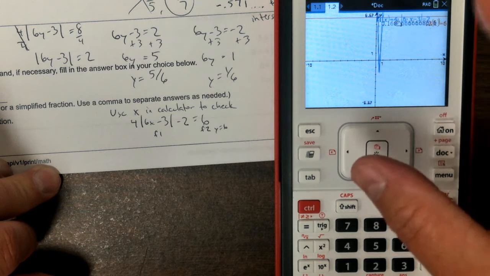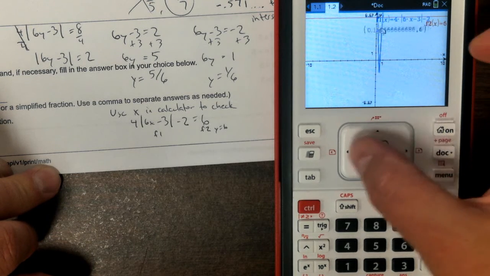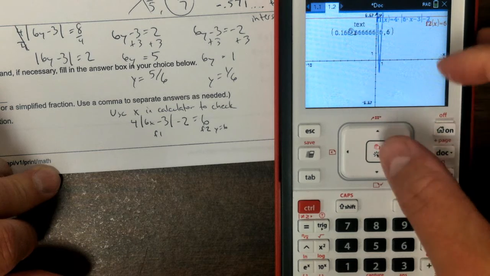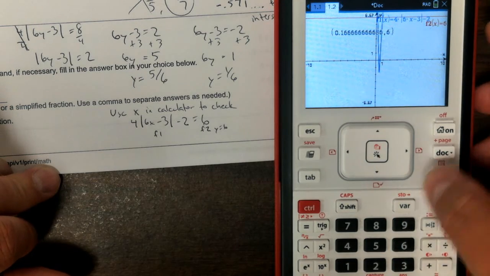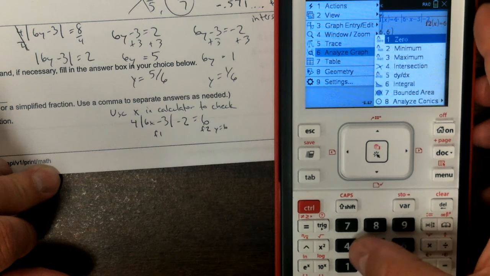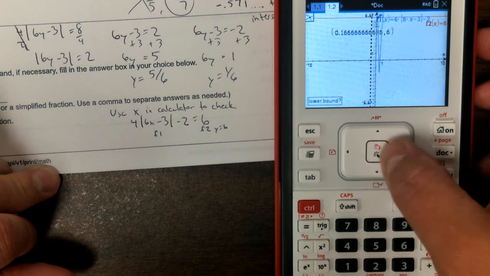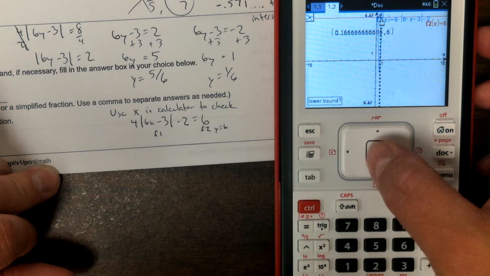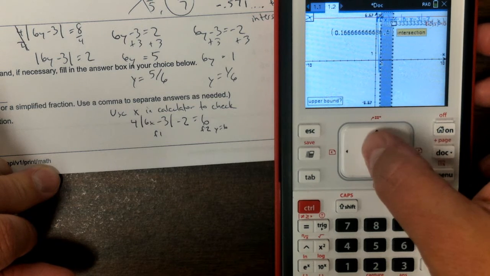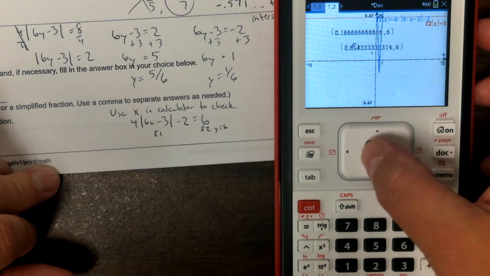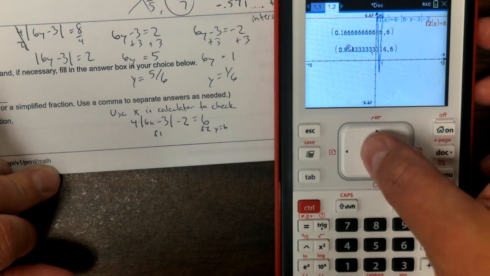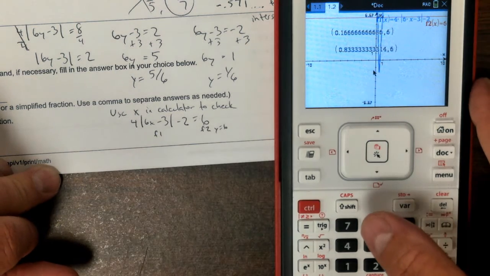Remember, it was an open hand, so I can click in the inside and then move it, and then drop it. Then menu, analyze, intersect between here and here. Like that. And drop it.